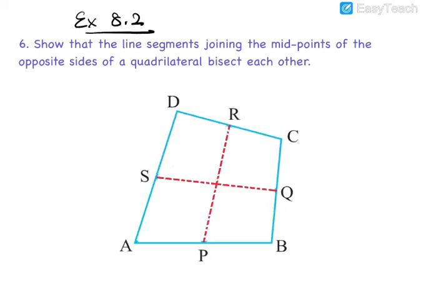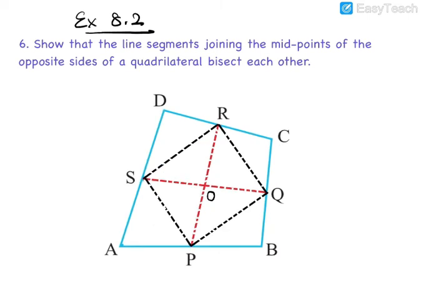Also, if we join these midpoints in an order, we get a quadrilateral PQRS. Notice that PR and SQ are the diagonals of this quadrilateral. And we have studied that diagonals of a parallelogram bisect each other. So all we need to do is prove that PQRS is a parallelogram.